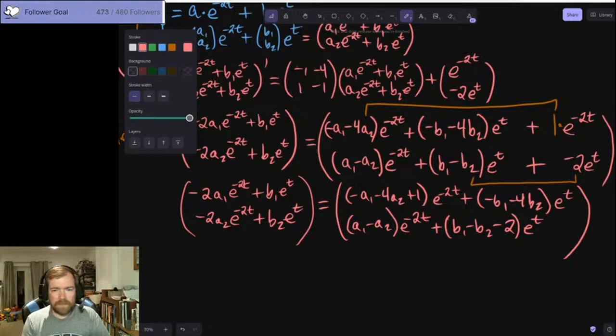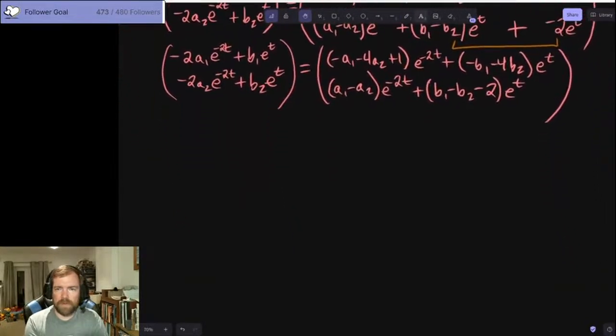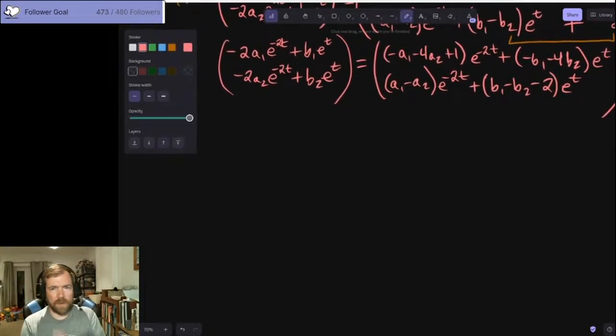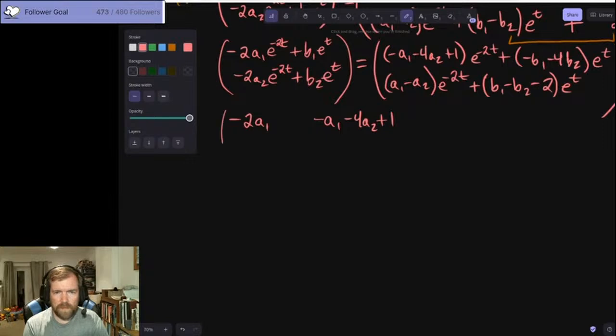Lovely. At this point, we're going to create our own system of equations to break down all of our different components. So we get 2A1 has to be equal to, on the other side, negative A1 minus 4A2 plus 1. Set it up as vectors, because vectors are cool.